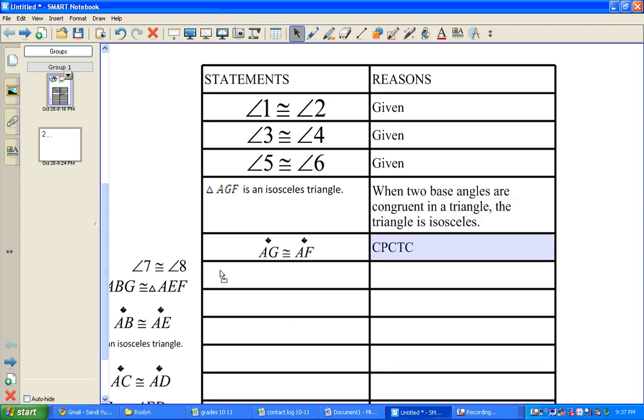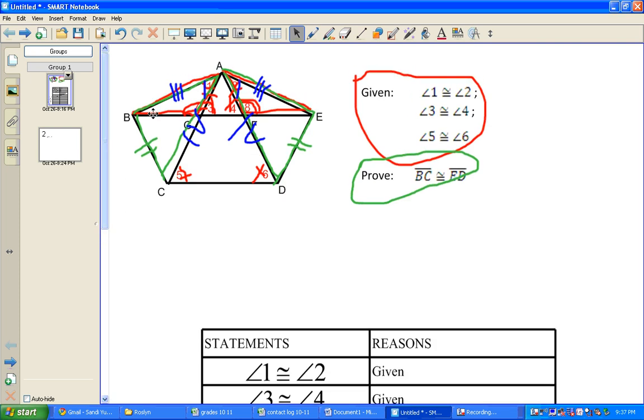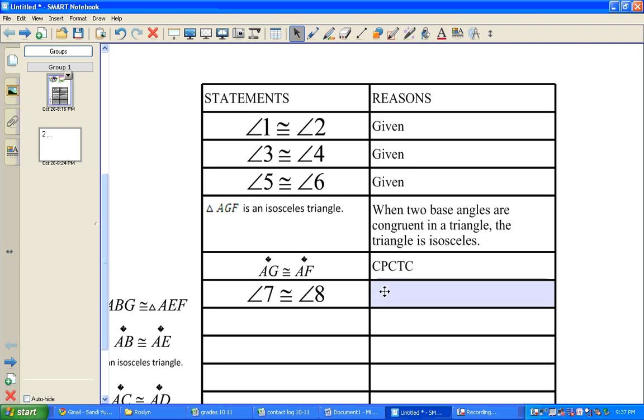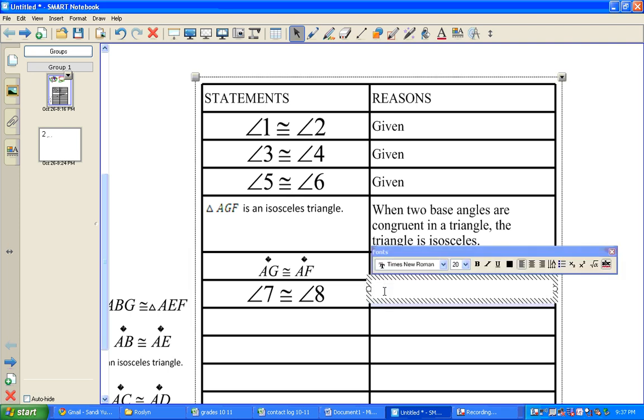Now, next, we realize that angle 7 and angle 8 are also congruent. That was the third condition to prove that these two red triangles are congruent. What's the reasoning? Let's see. We mentioned that angle 3 and angle 4 are congruent, which basically allows us to say supplementary angles of congruent angles are congruent.